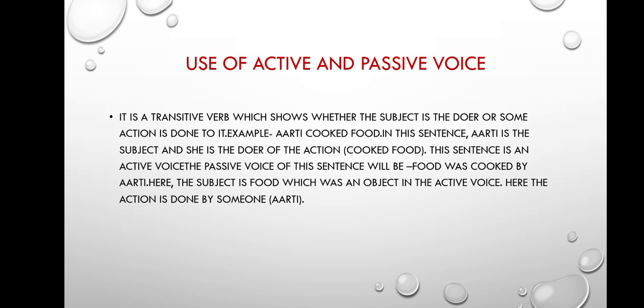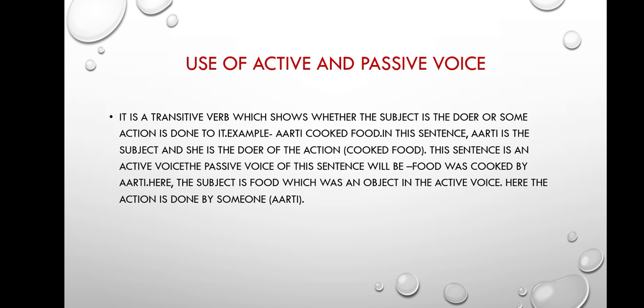In active voice, we have to check the tense of the verb. Cooked is the verb second form, simple past tense. When the active voice is in simple past, while turning it into passive voice, we need the helping verb was or were.